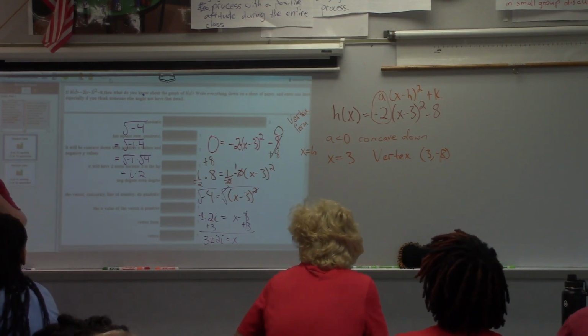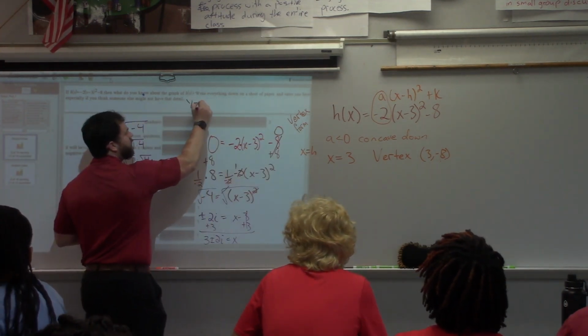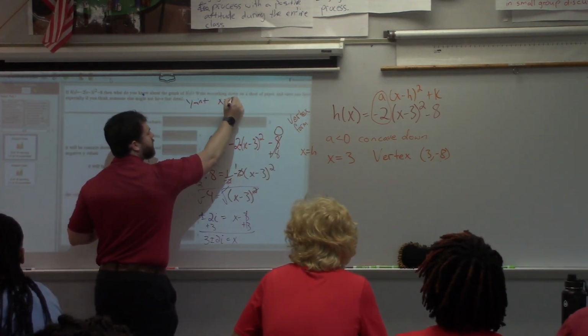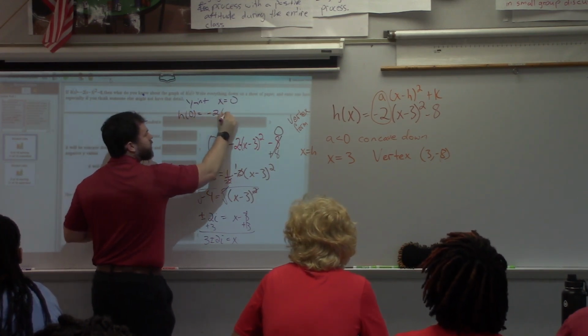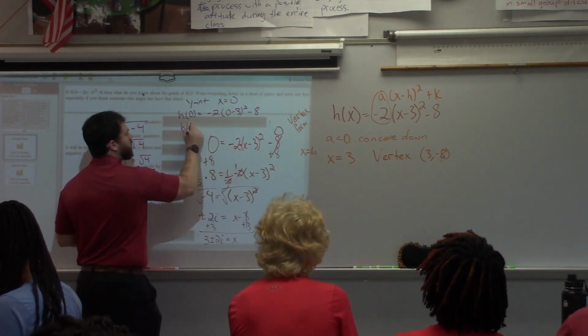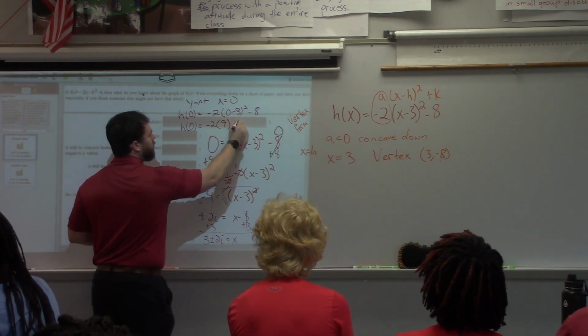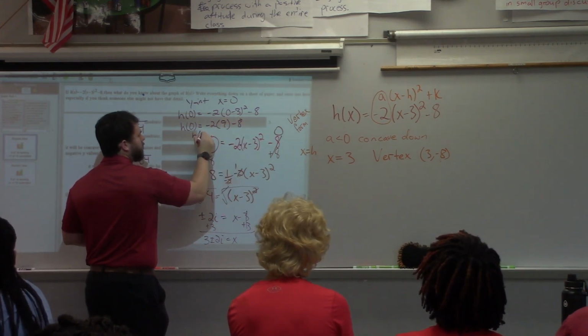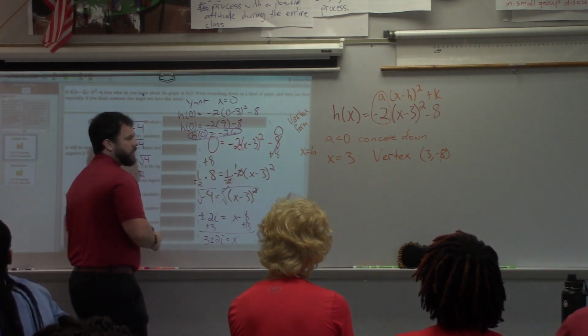So remember, for an x-intercept, the y is 0, but for a y-intercept, the x is 0. So I can always easily find the y-intercept. So you should be able to find every feature of a quadratic function no matter what form you have. That would come out to be a 9. That would end up with a really negative number, negative 26. So there's your y-intercept.